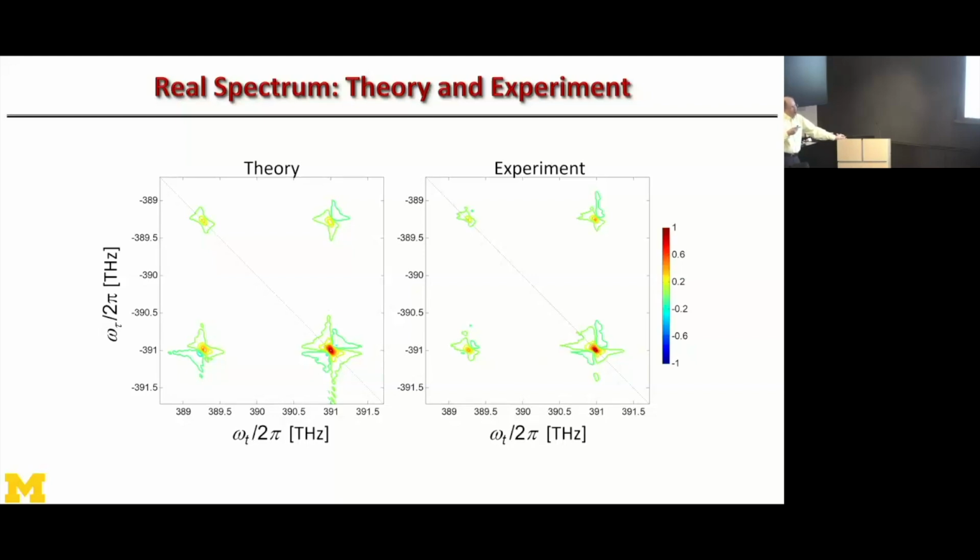The one advantage you have is if you do this so-called absorptive thing, where you add the rephasing and the non-rephasing, you get rid of those phase twist features, and then you get better resolution. So the line width you get depends on what domain you fit it in. It's generally broader if you do the magnitude. And if you have very close together peaks, then it's best to do the real part.